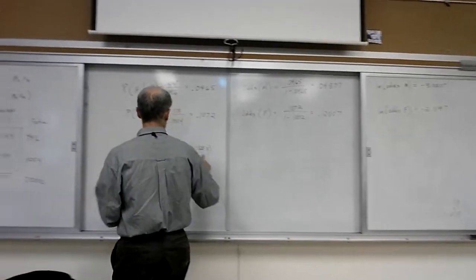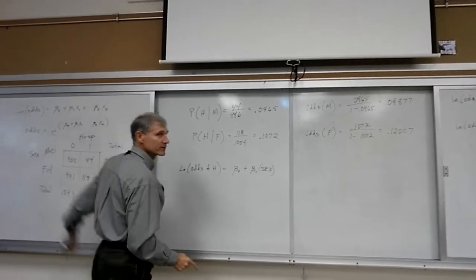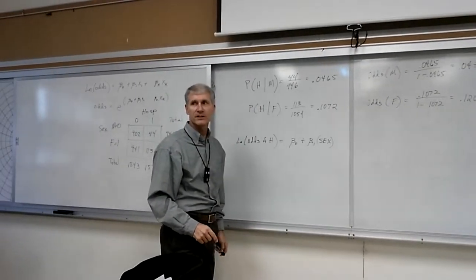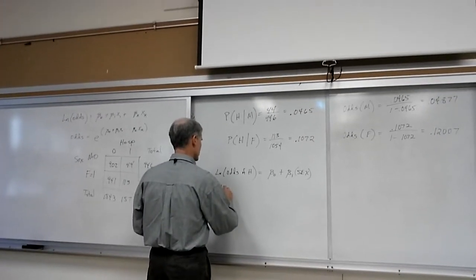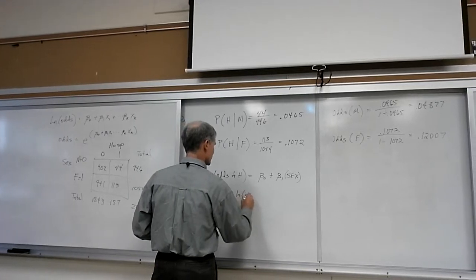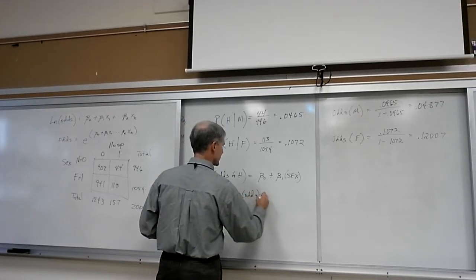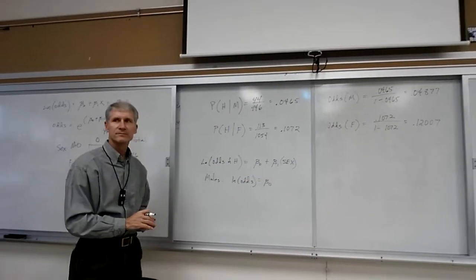When sex is a 0, we're talking about males. So my males is the reference group, right? So for males, the log odds is equal to beta 0 plus 0.